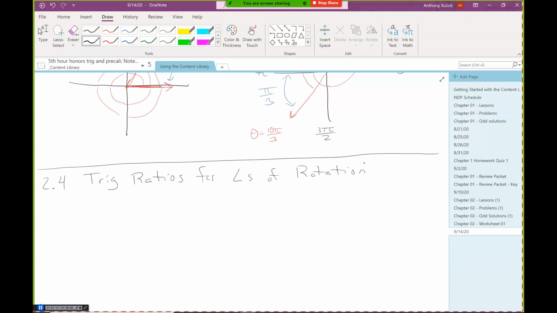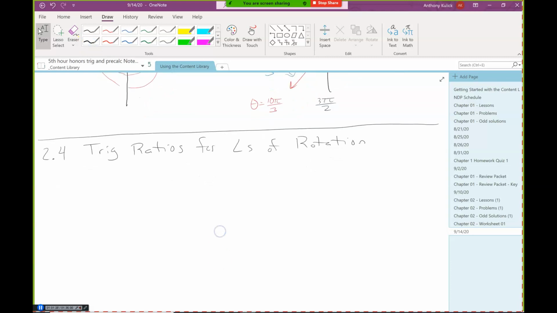So we're moving away from the right triangle and using an angle of rotation instead. So to do this, we're going to try to merge those 2 ideas together.